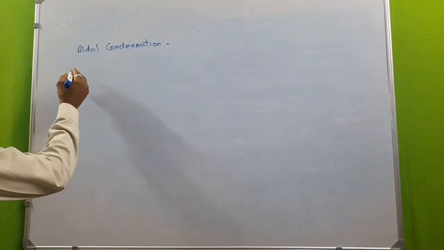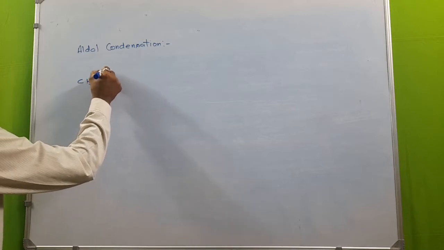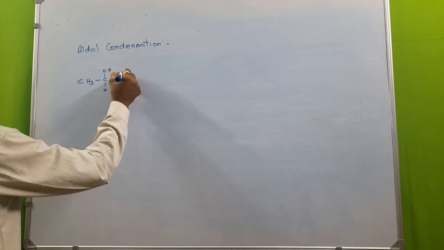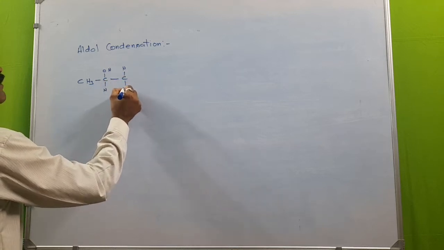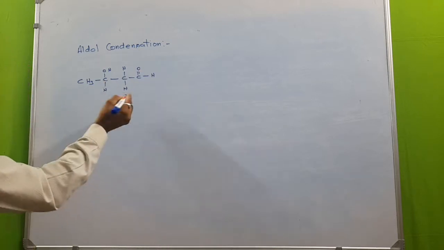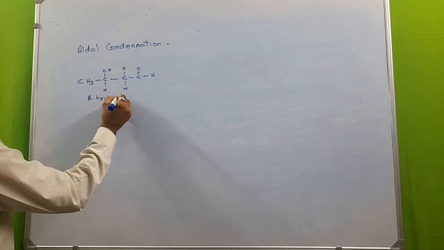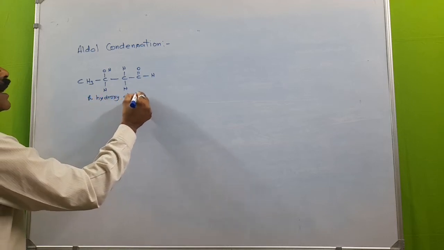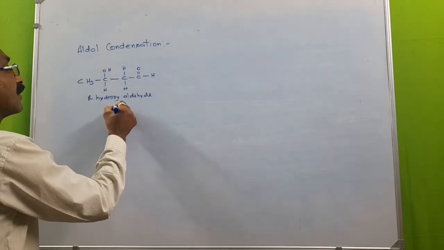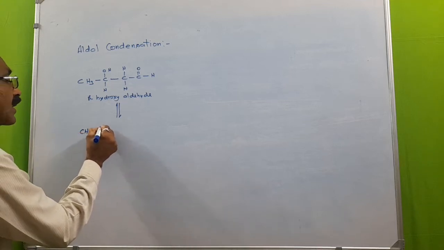Let our product obtained by the aldol condensation be this one. This is a beta hydroxy aldehyde, which was obtained by aldol condensation.